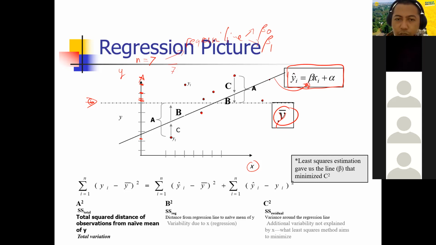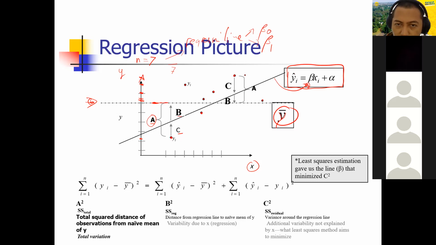And then you can see there are variables a, b, c, each representing a different meaning. You can see here the gap: a is the gap between this point and the average of y, this line. This is a.